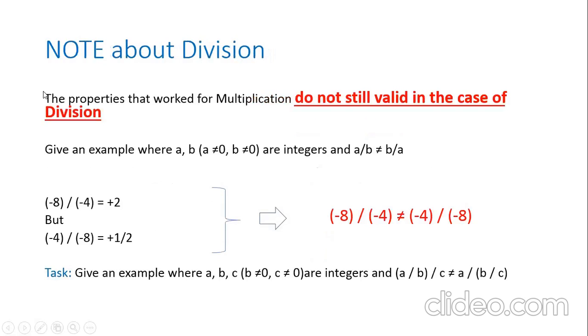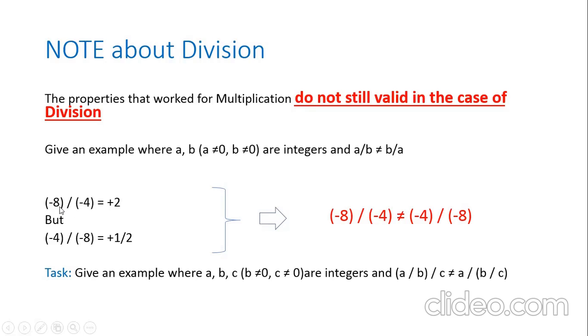Note about division. The properties that worked for multiplication are not still valid in the case of division. Give an example where A doesn't equal 0 and B doesn't equal 0 are integers, and A divided by B doesn't equal B divided by A. For example, here we have minus 8 divided by minus 4.